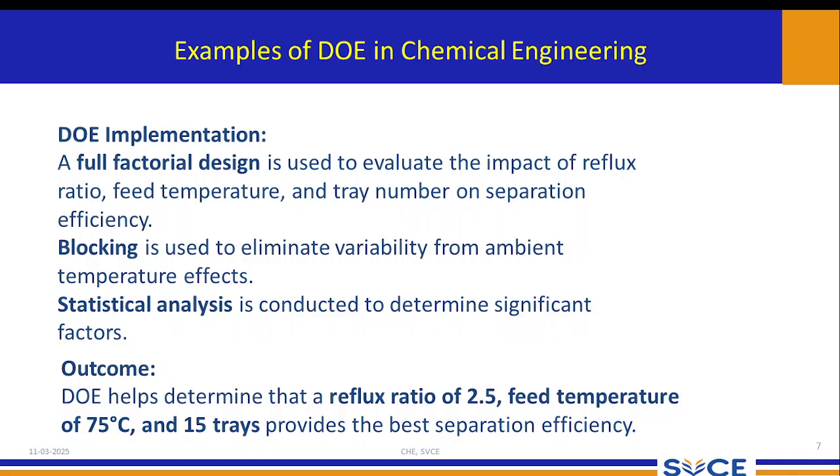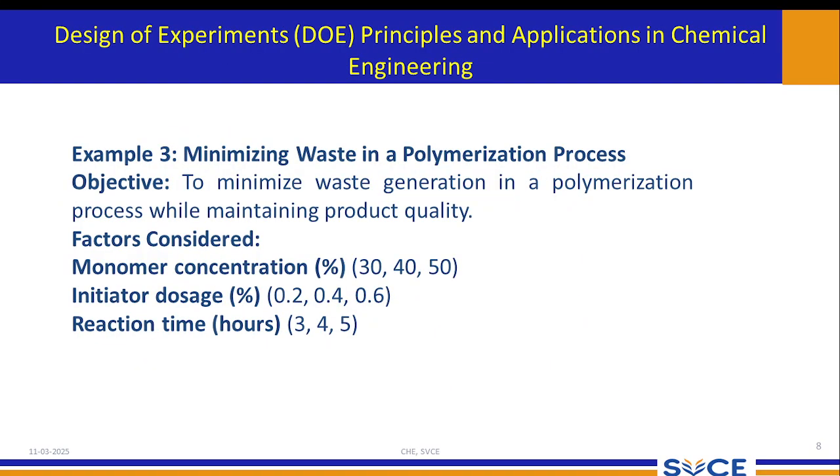Coming to the third case, minimize the waste in the polymerization process. The factors to be considered are monomer concentration, initiator, and reaction time. You may ask why, since we already have multiple variables. You can also vary only one factor, one independent variable, and then optimize the process.